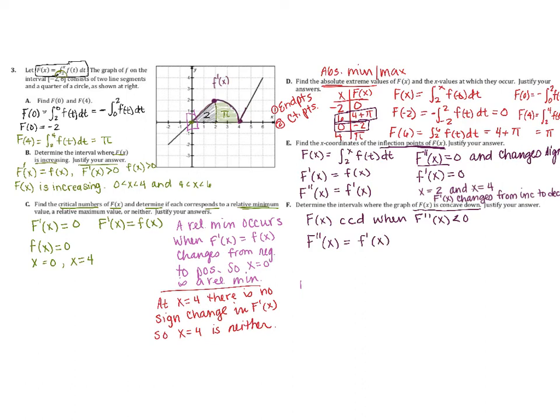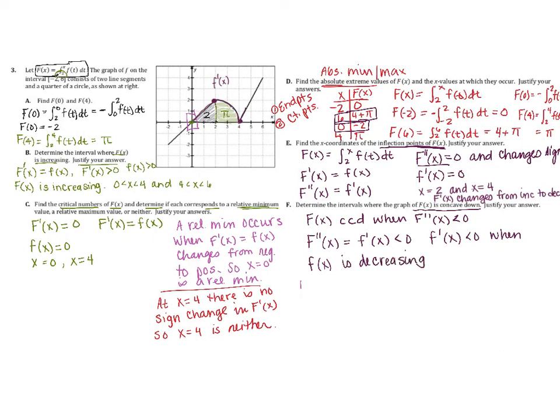So that's just going to talk about where is f double prime of x less than 0. Well, f prime of x is less than 0 when f of x is decreasing. That is some crazy stuff right there.